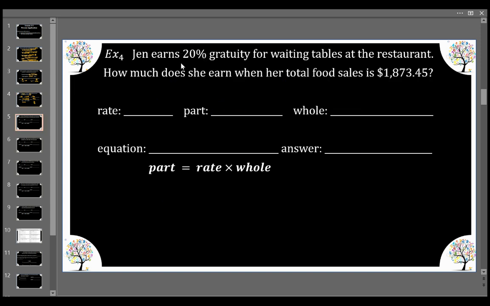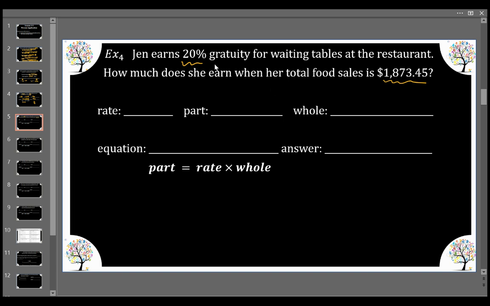Jen earns 20% gratuity for waiting tables at the restaurant. How much does she earn when her total food sales is $1,873.45? So we want to know, how much is she going to earn?